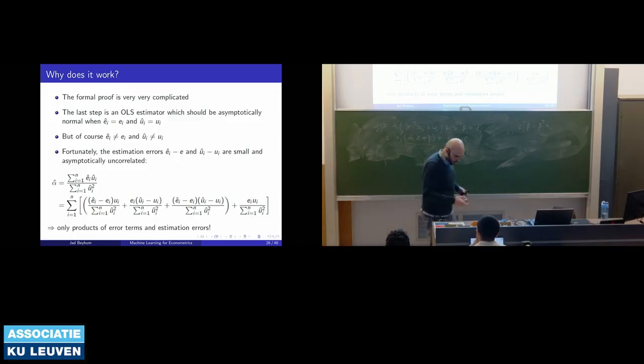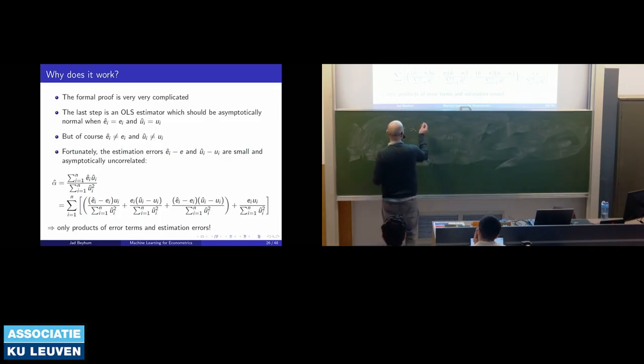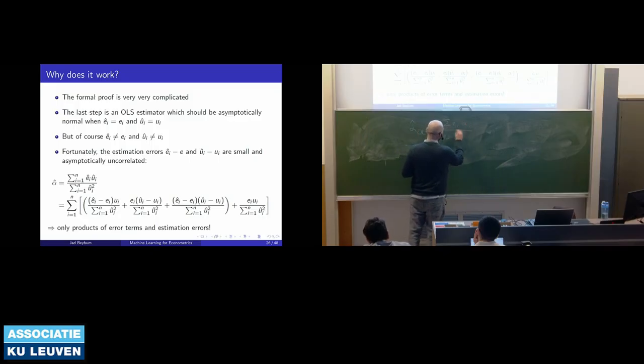Now I know that the OLS estimator of ei on ui has this formula, and I know that this one is asymptotically normal.